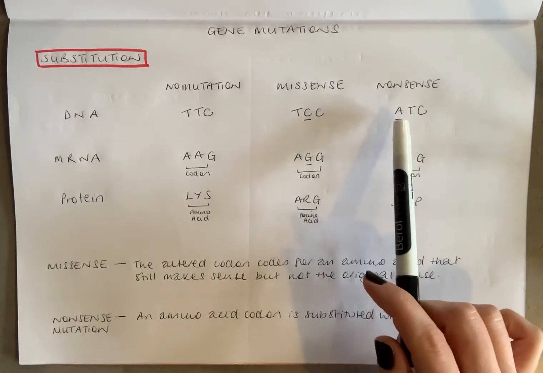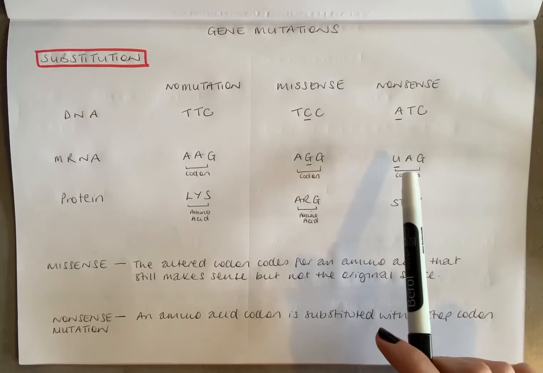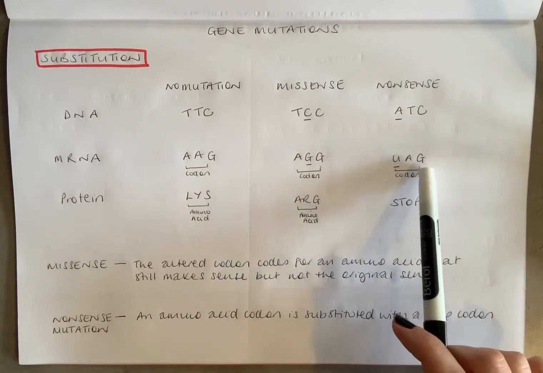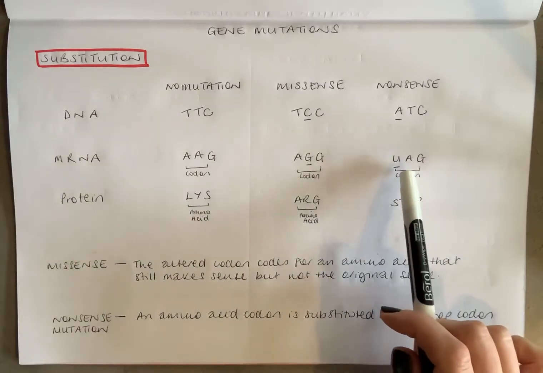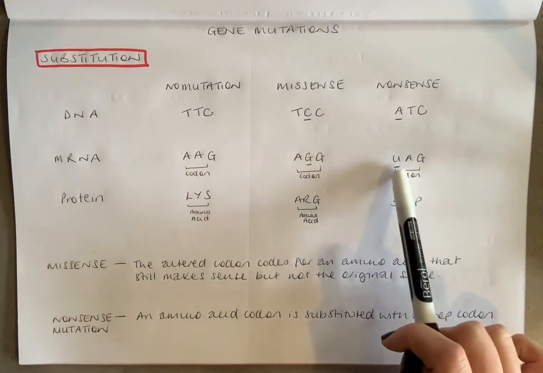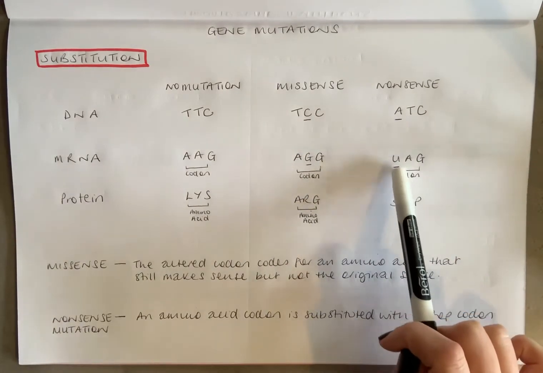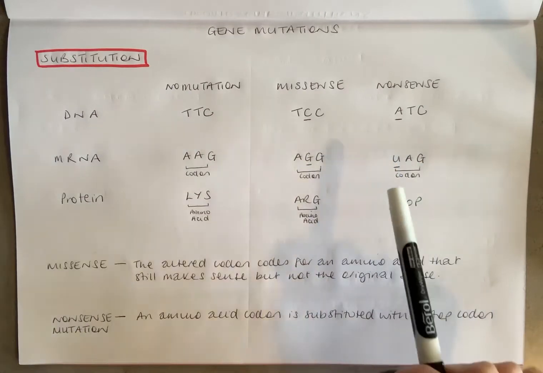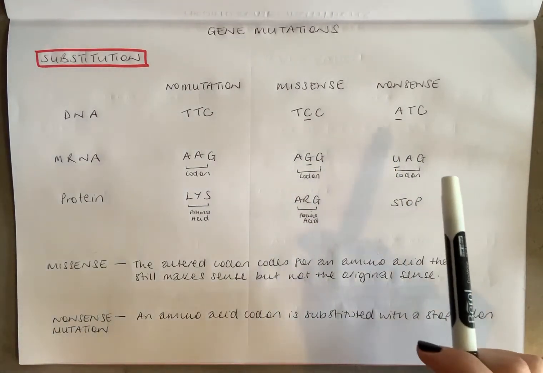And because we've got a different sequence, we get a different sequence within our messenger RNA molecule. Again, complementary base pairing: we have our adenine, so that means it's going to be uracil. Remember, no thymine with RNA, it's uracil instead.